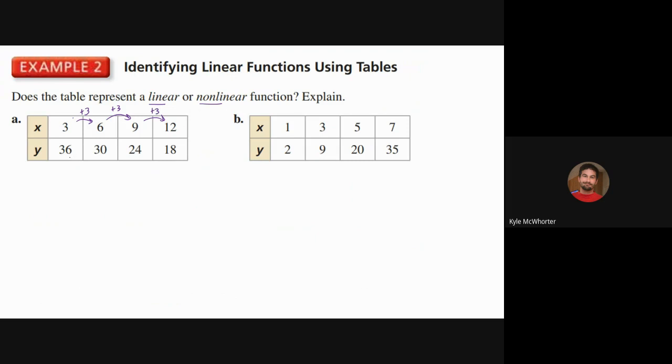So what's happening to our y value? It's going down 6, and then down 6, and then down 6. So it's changing by the same amount each time. That's a constant rate of change. So we have a linear function.